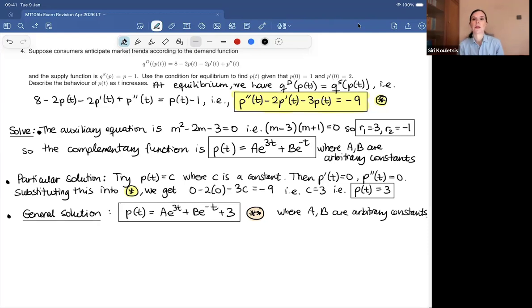Now, in order to determine A and B, we need the so-called initial conditions, and those are given here in the question. P of 0 equals 1 and P prime of 0 equals 2.